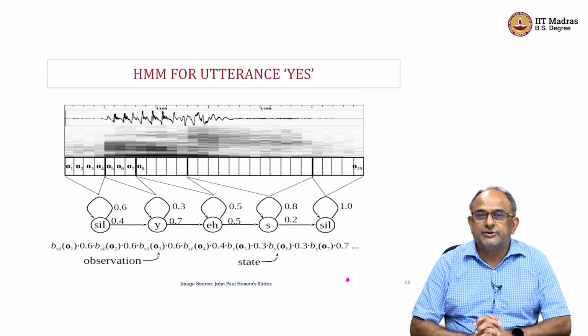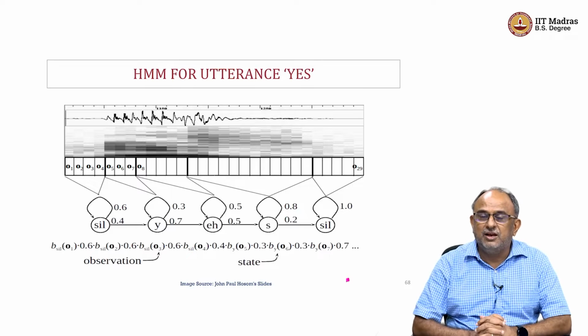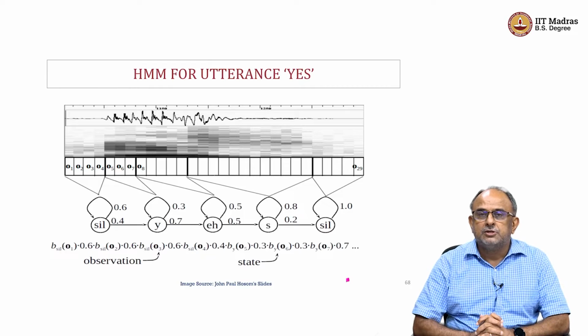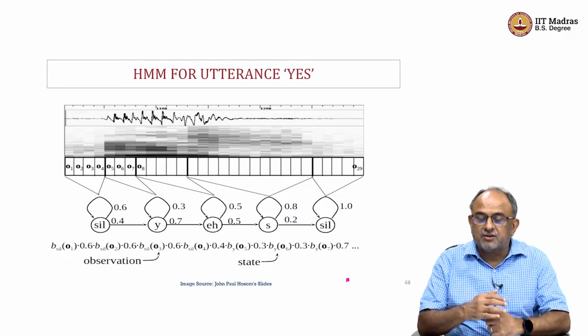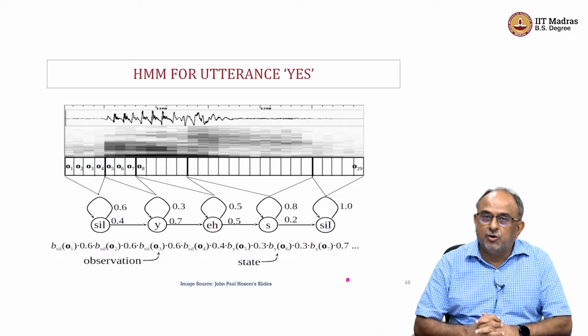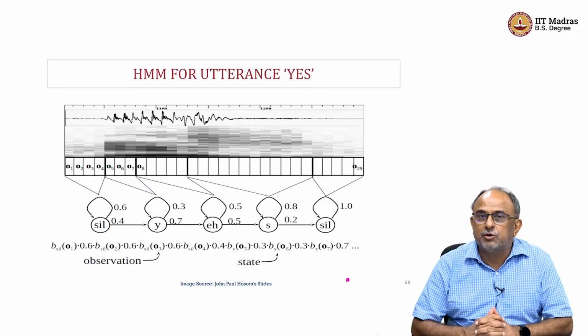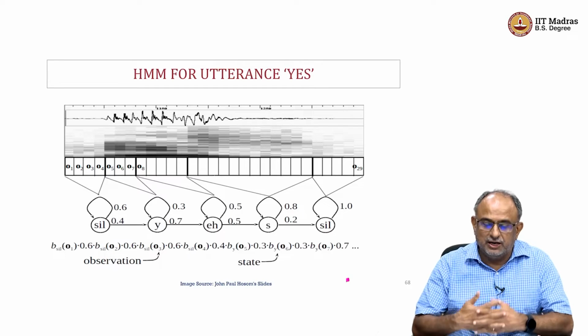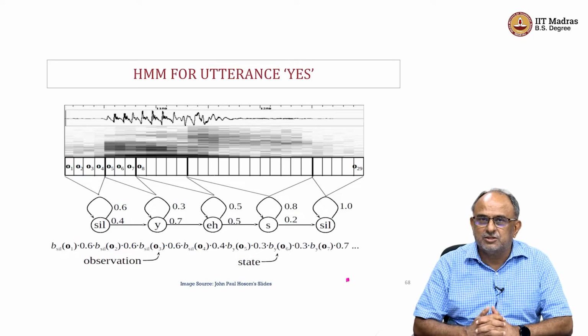So last class I was talking about how the idea of deep neural networks is going to be applied in the speech recognition problem. It is still what's called a hybrid approach, because we use the deep neural network to give some kind of a posterior, and I'll revise what we discussed last class.